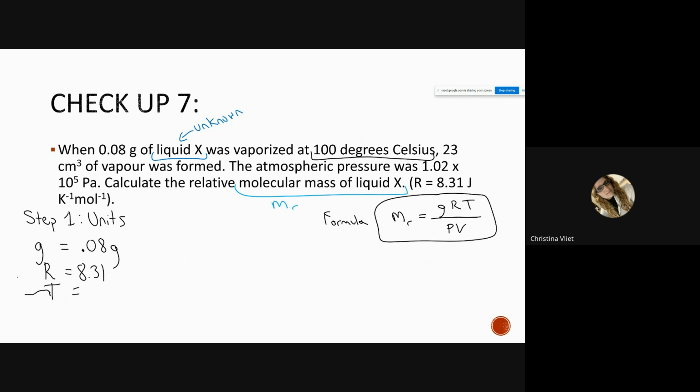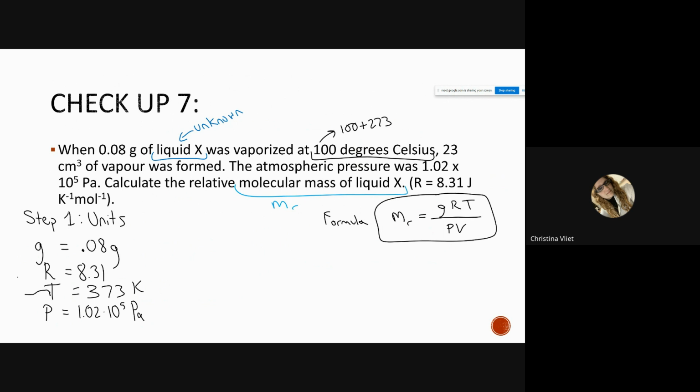Is that the correct unit? Do that 100 plus 273. So the right temperature is actually 373 Kelvin. What else? I got the temperature. What do I still need? Pressure. Pressure is 1.02 times 10 to the 5th pascals. Is that the correct unit? Unit check, correct.